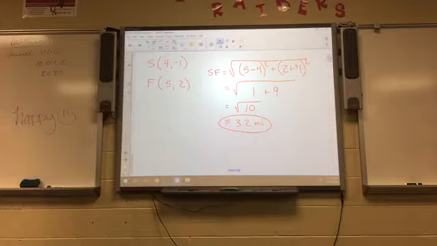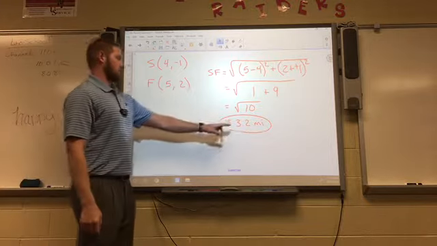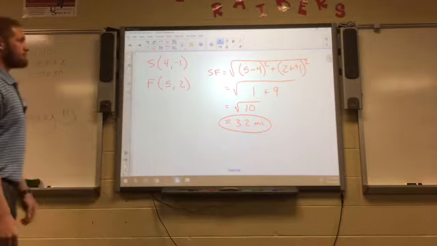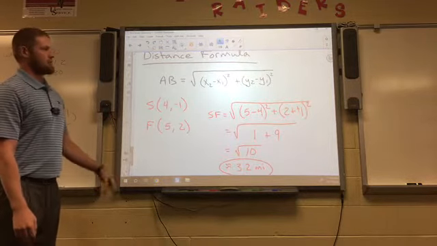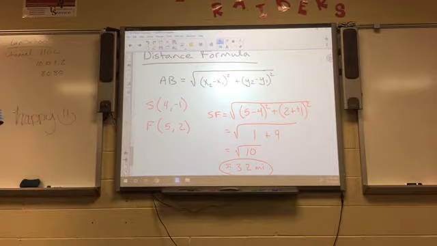Because if you're talking an actual word problem, like a real life scenario, and I say, oh yeah, you have to go square root of 10 miles, can you have any idea what I'm talking about? No. So if you're doing a word problem, most of the time you're going to want to change it to a decimal. Hopefully I was right and that wasn't too difficult since all you had to do was substitute in.